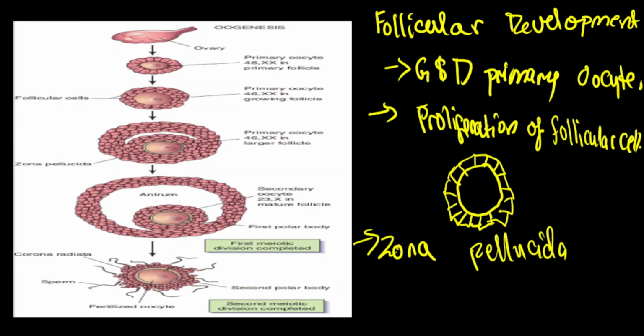At the primary oocyte level, we can see the antrium just beginning to form, very little, but it is fully formed at the secondary oocyte level.